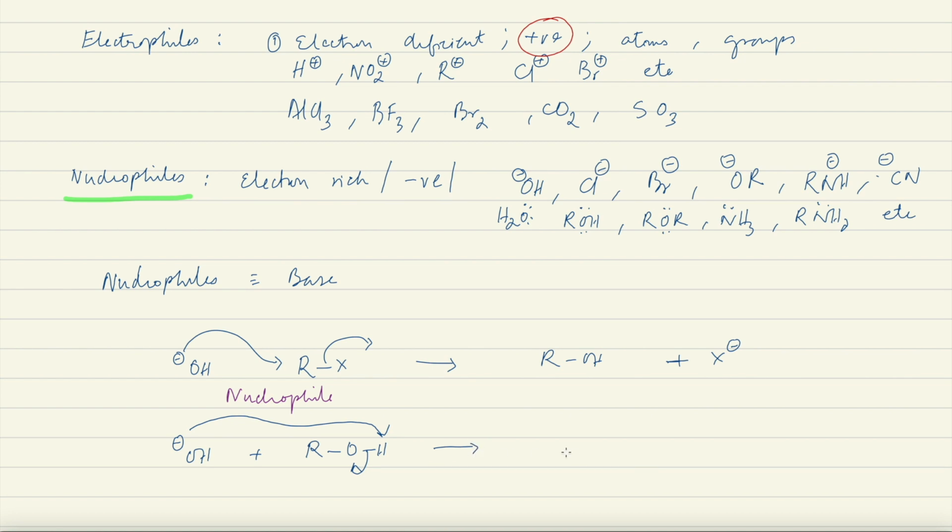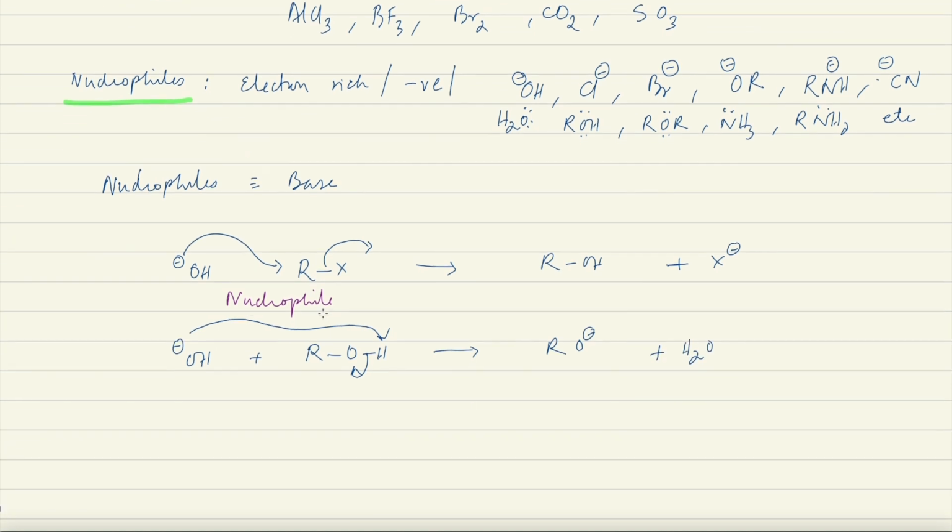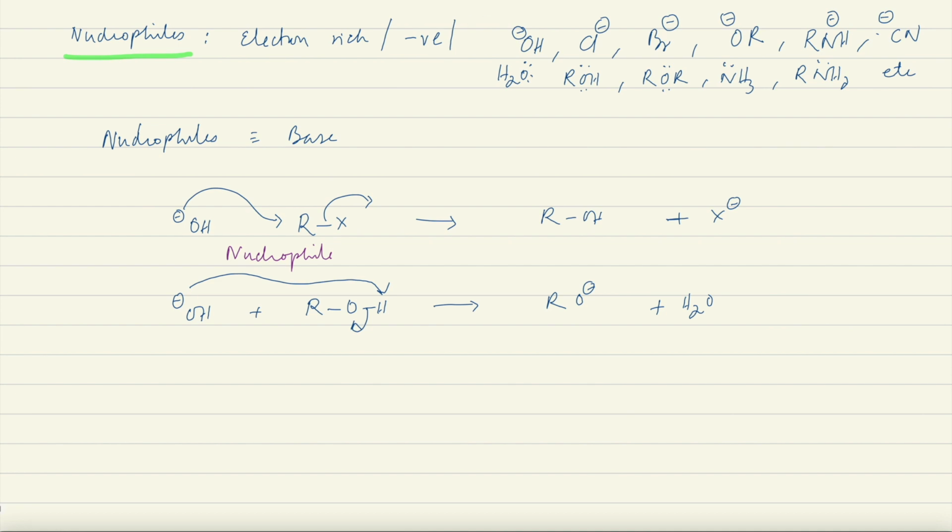Here it behaves as a base, so it becomes RO minus and H2O. So here this one behaves as a base. That means the nucleophile can also be a base at the same time.